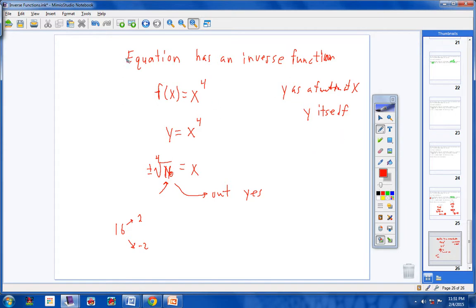But if I ask you, does an equation have an inverse function? Then you get x by itself. And then you see if your y values give you out more than one x value. And if they do, then no, you do not have an inverse function.